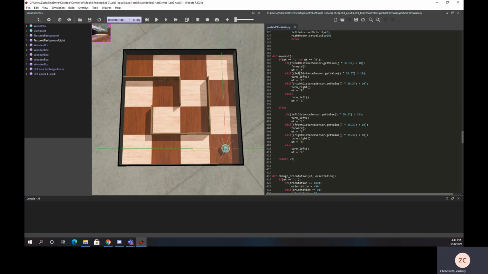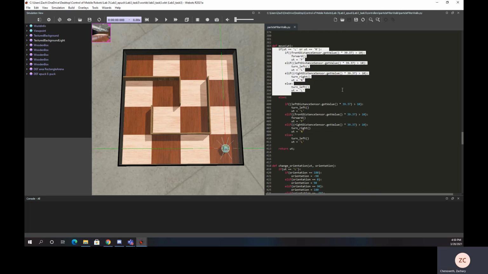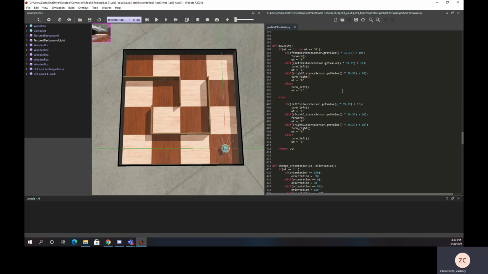This function is what actually calls those above functions to move the robot, as well as keeps track of what motion we just performed in order to do the motion update later. So here we have, if the previous motion was a left or right turn, we want to prioritize forward motion first.